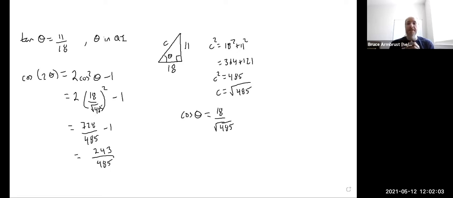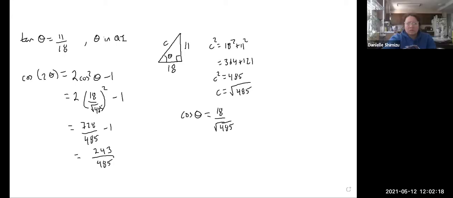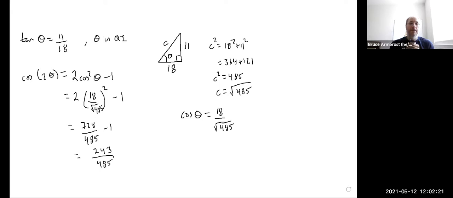Now, I'm going to ask you the same question I asked you before. Can you tell me what quadrant 2 theta is in? Quadrant 4. All right, so I get a vote of quadrant 4 from Danielle.